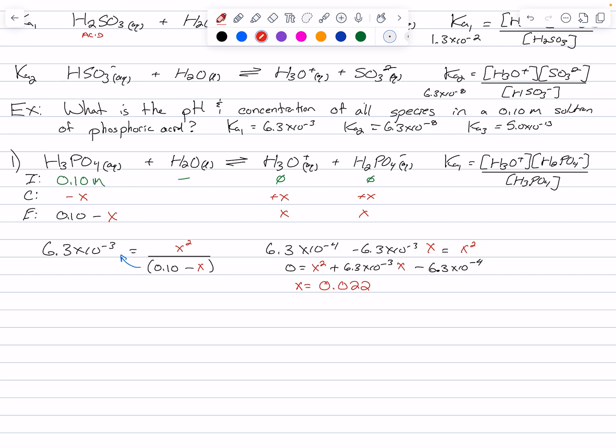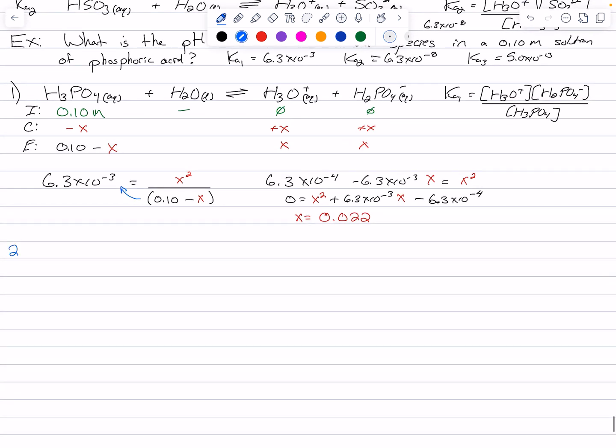So I know what X is. However, there is a second ionization, and I'll do that in blue. We have H2PO4 minus plus water going back and forth with hydronium again, and now it's just hydrogen phosphate.